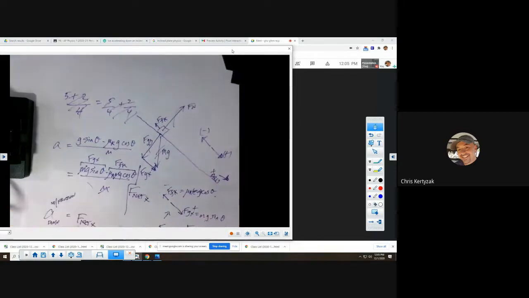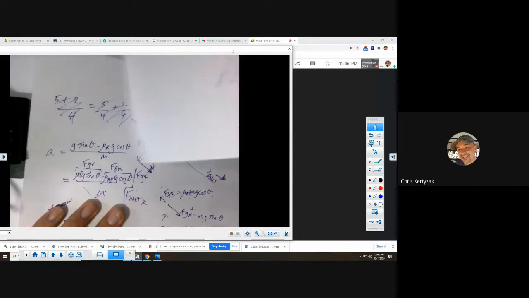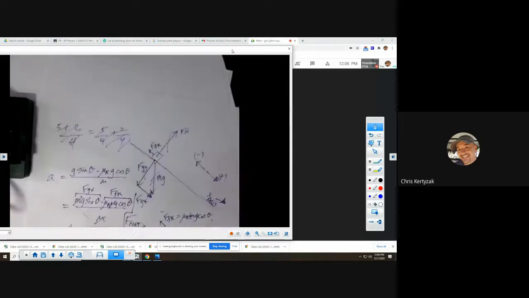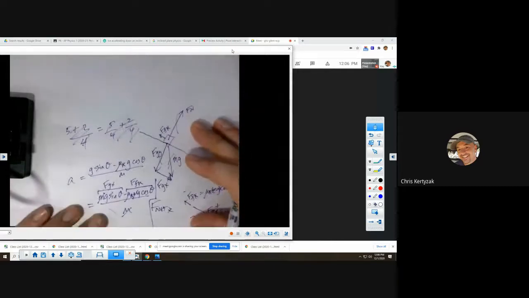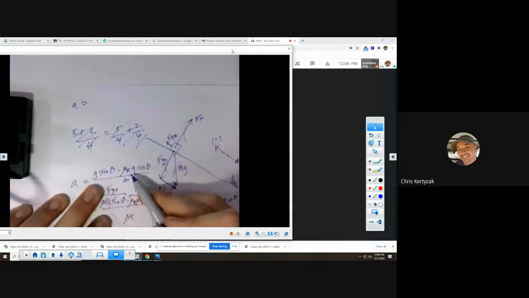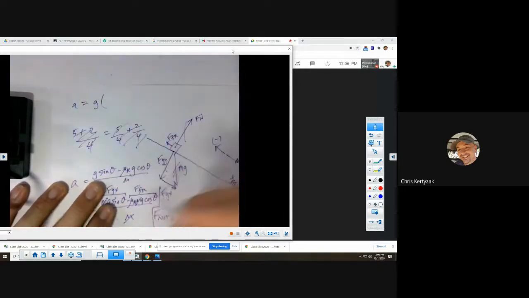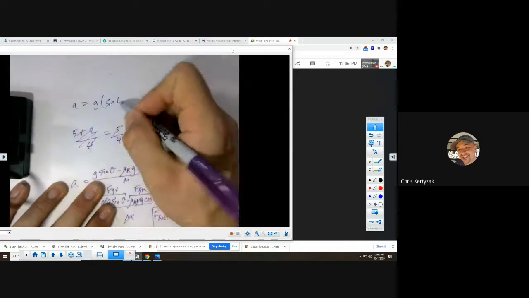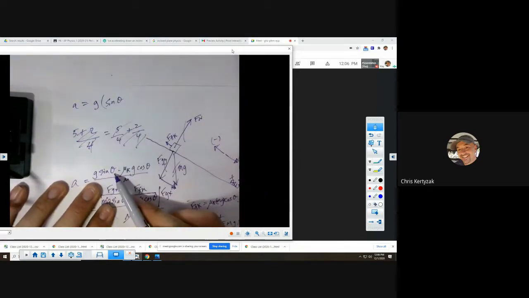Could this go one step further? Technically it could. If you wanted to stick with what a textbook would do, they would say we can factor out a g. That's fine. I don't blame them for wanting to do that. A equals, there's a g here and a g here, so I can factor out a g from both and do g times sine theta, which brings me back to this piece.